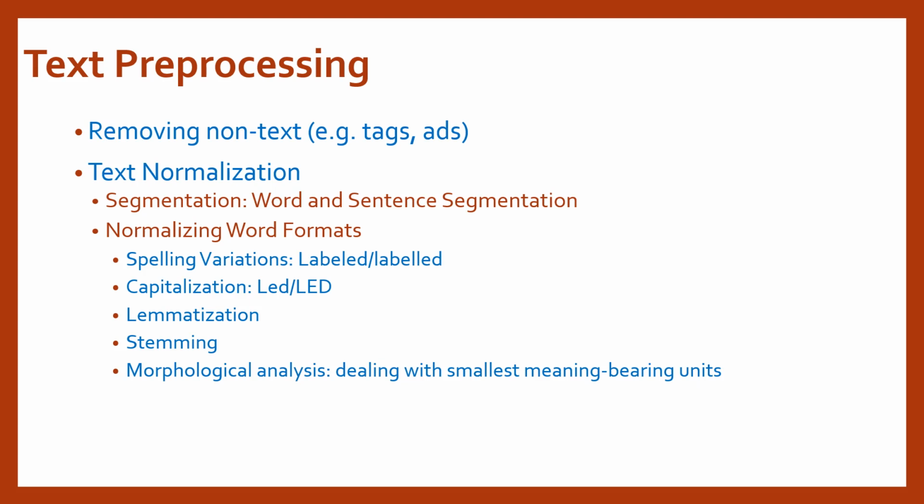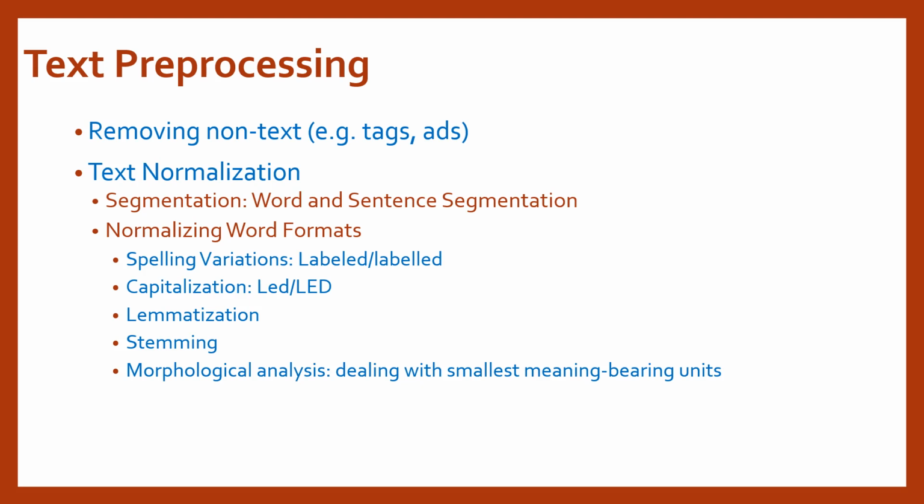Examples include spelling variations, whether you want to make everything lowercase, and whether you want to find the lemma for each of the words, so you take the words and convert them into their lemma.